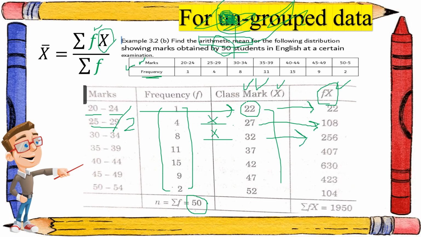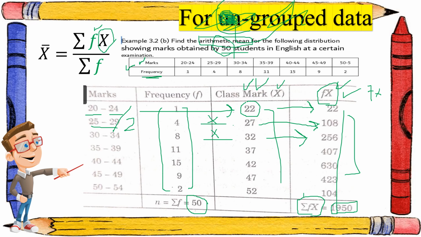Like this we have generated this column, and this is f into x. Fx basically means f multiplied by x. So this is also a mathematical equation. And if we add all these values, we will get 1950, which is the summation fx.